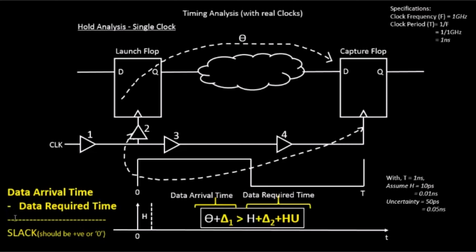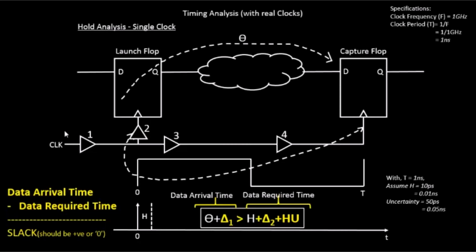If it is negative, it is clear from the negative value that the data required time has exceeded data arrival time, and we have to do something about it. We have to try to bring the data arrival time, by some means, greater than data required time in case of hold timing.